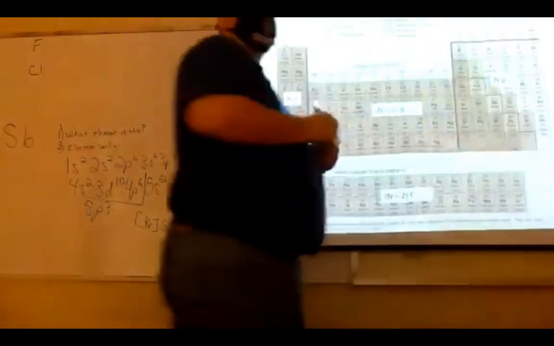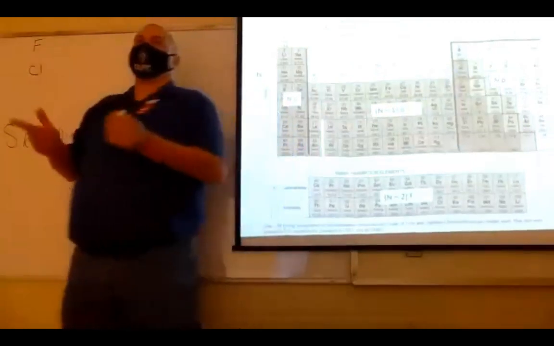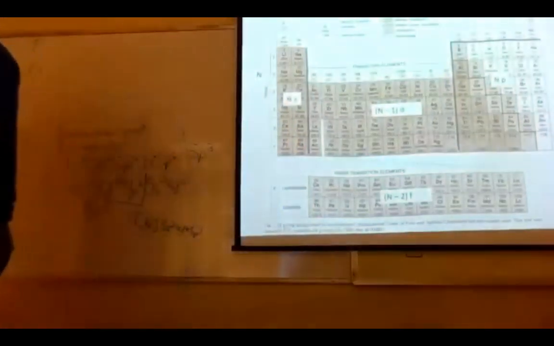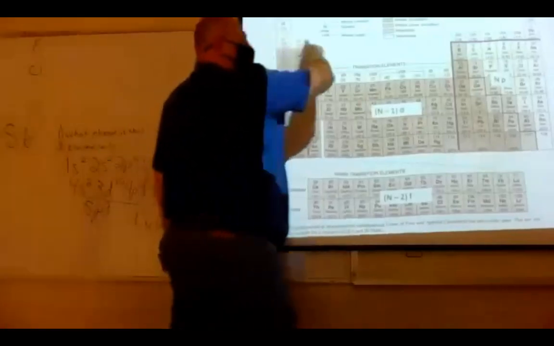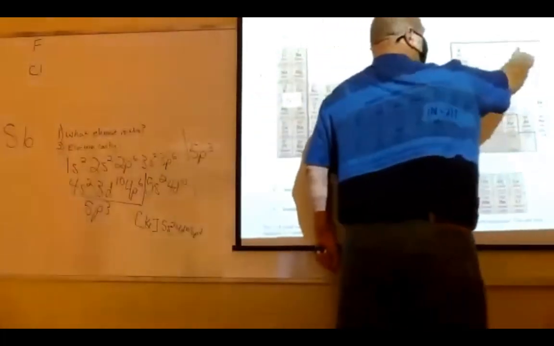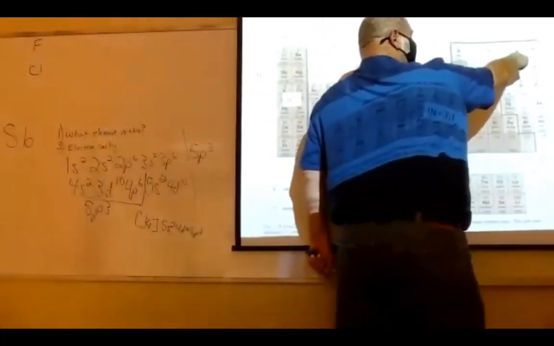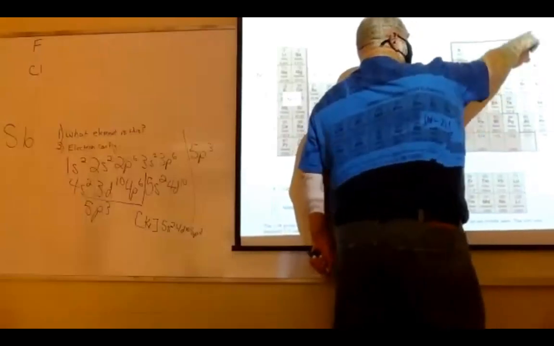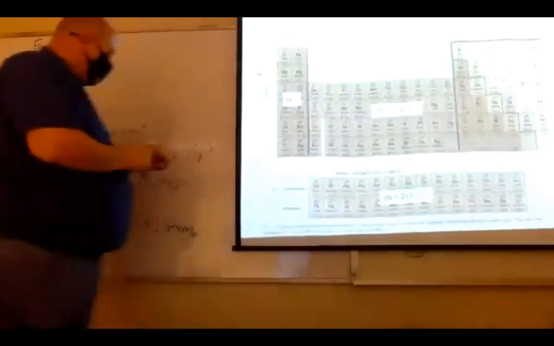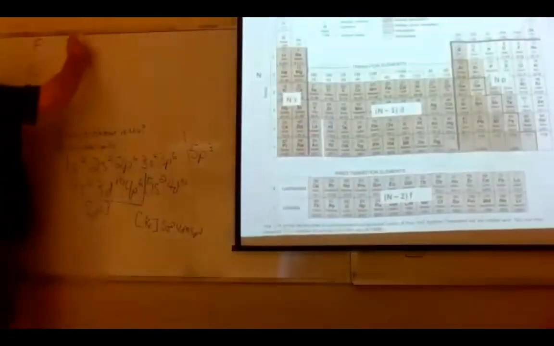When I'm following the numbers 1, 2, 3, 4 up top, these numbers in each box, what was the last one I passed? It was over here. Helium. Okay, so we take helium, we put it in brackets.